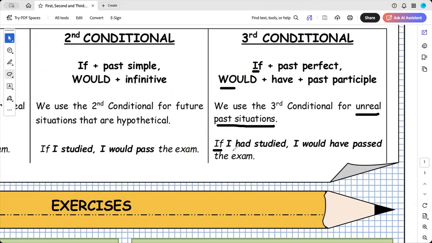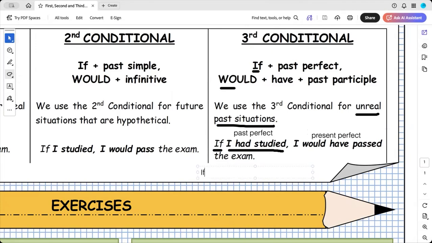So if I had studied, so that's the past perfect part. Past perfect part. Try and say that quickly. I would have passed the exam. Present perfect. So here we go. Form your own example so you learn it.